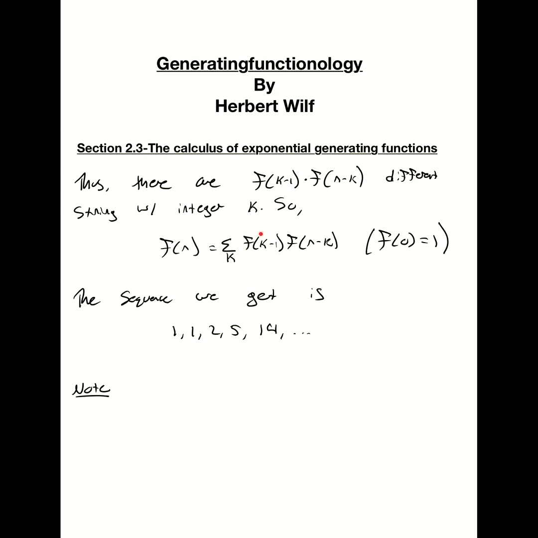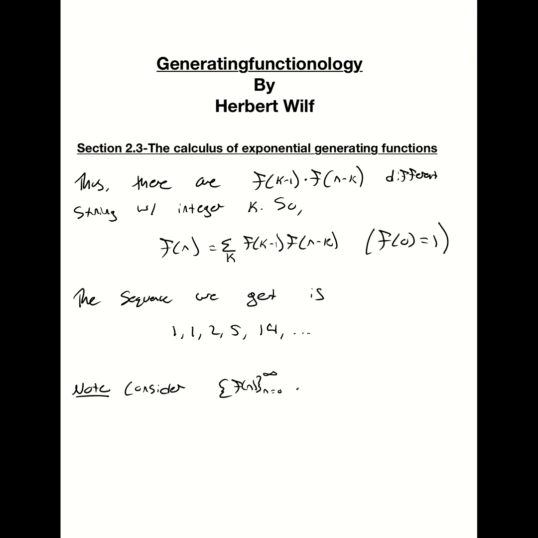Right here, this is starting to look like a product. If we consider f of n as a sequence, then each one of these elements is starting to look like a sum, which, as we know from the product rule for ordinary generating functions, looks identical to the product of two things.